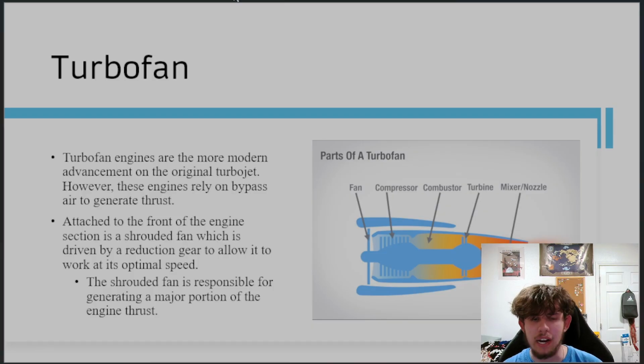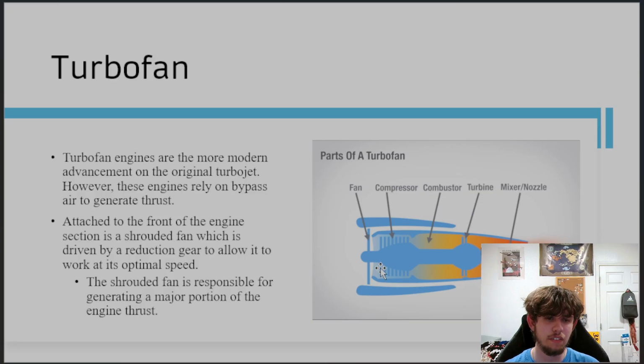And that bypass air, in more modern airliners, actually produces a majority of the thrust that a turbofan engine makes, and the standard turbojet section, the standard turbine internals, are really there to power that fan and keep it spinning.